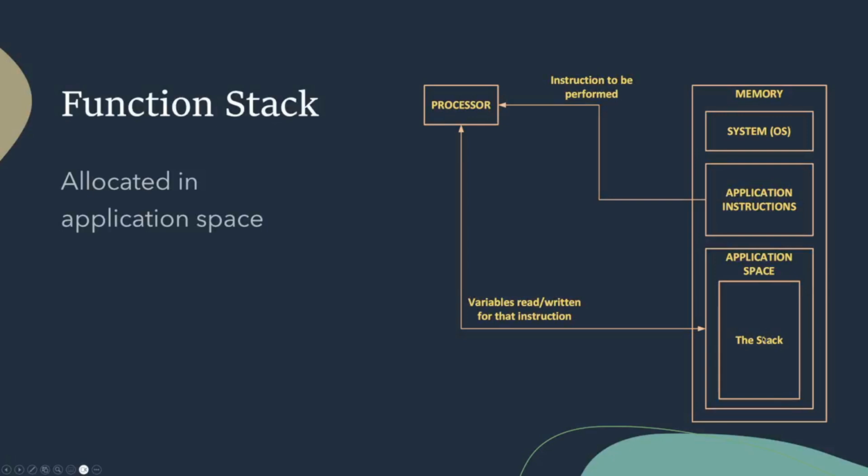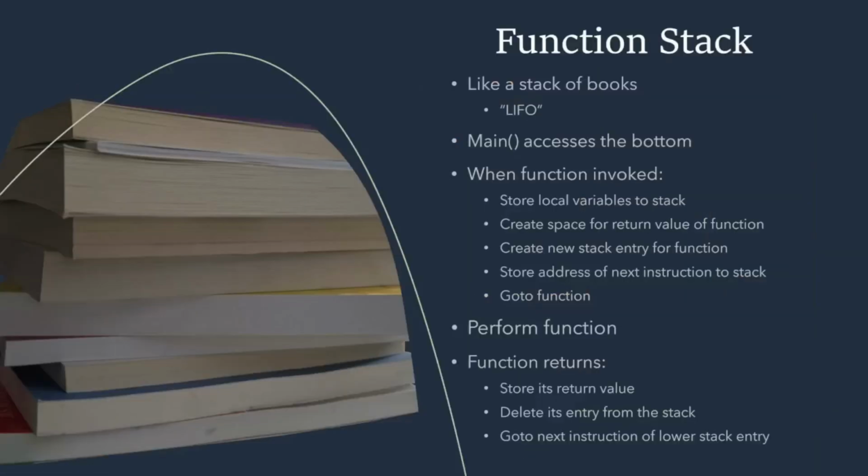So you can think about a stack as like a stack of books. So the way a stack works is it's last in, first out, LIFO. So that means your main will be on the very bottom of the stack, and any variables you declare for main, this is where they're going to be stored in memory.